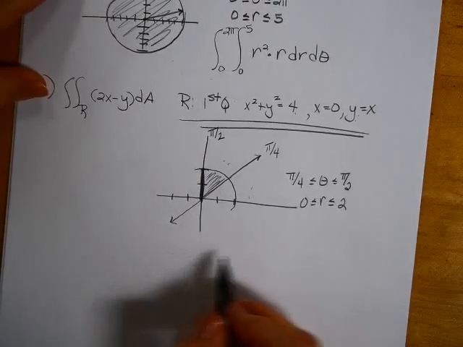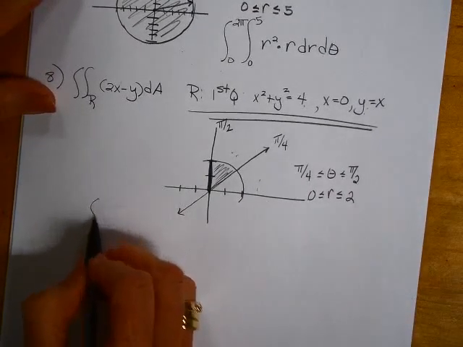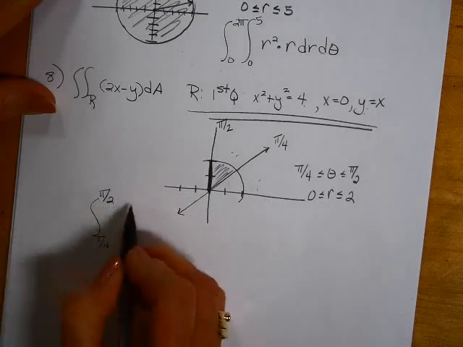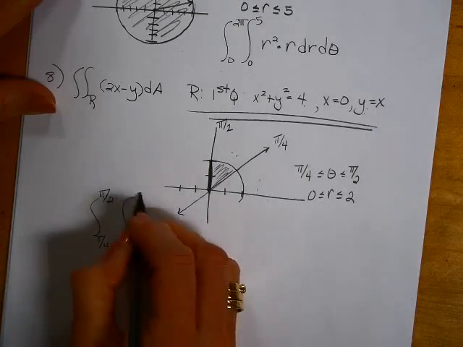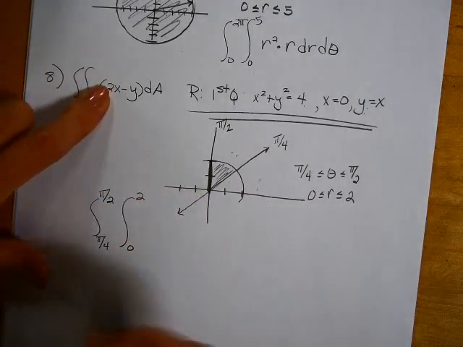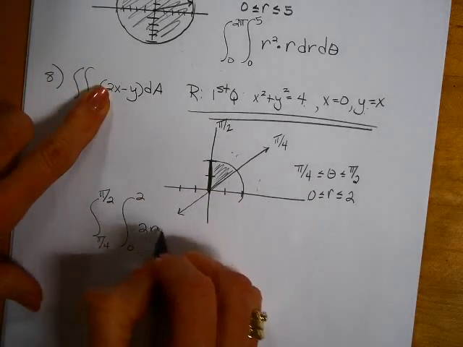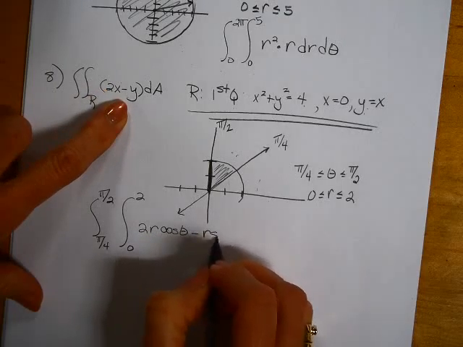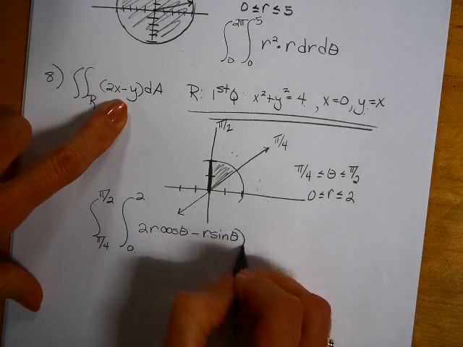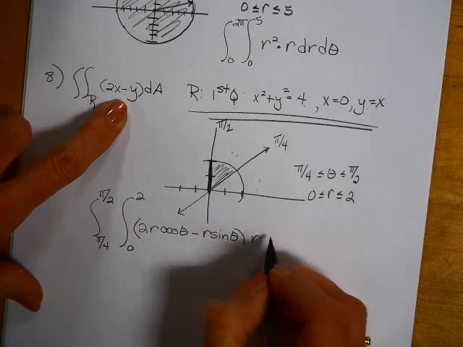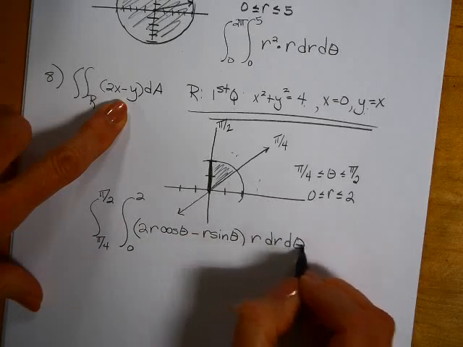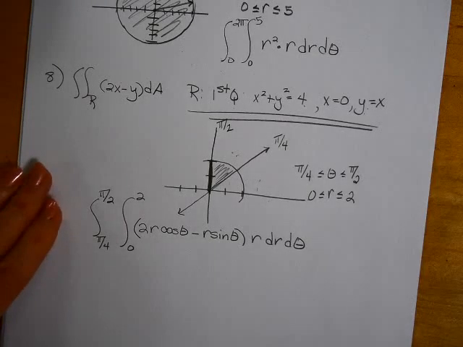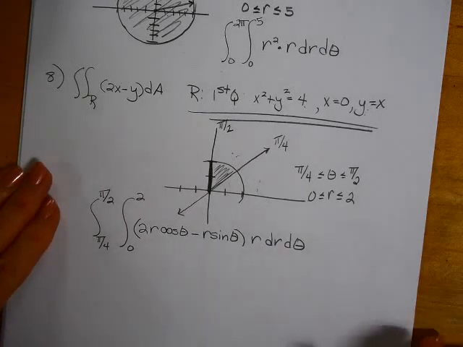When you set up your limits of integration, you still just have constants, so it doesn't matter, but I would just do pi over 4 to pi over 2, and r's from 0 to 2. The 2x is going to be 2r cosine theta, minus y, which is r sine theta, times your extra r, then dr, then d theta. And then just integrate that.